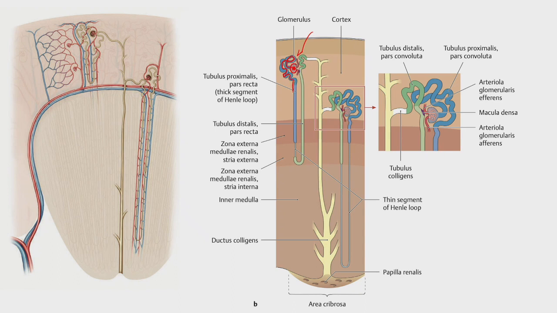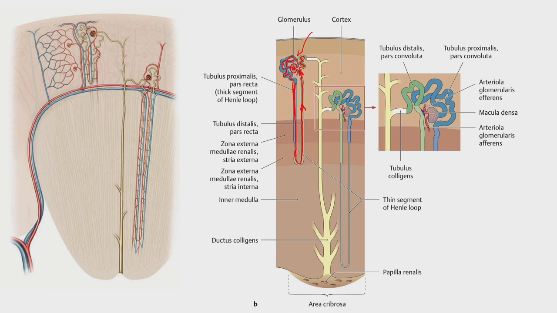Then there is the proximal straight part, and it's the so-called thick segment of a Henle loop. Then it's going to the medulla. A Henle loop is going back, and tubulus distalis, distal tubule, is leading urine back near to the glomerulus.